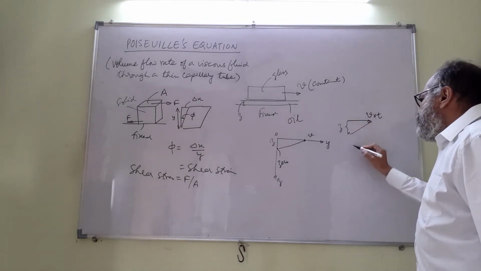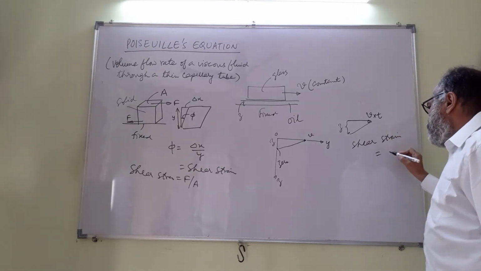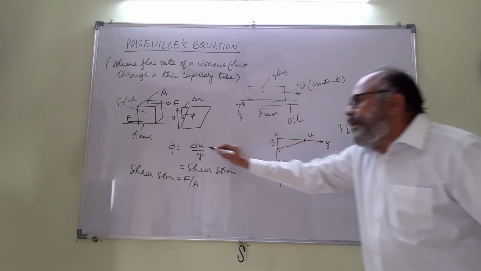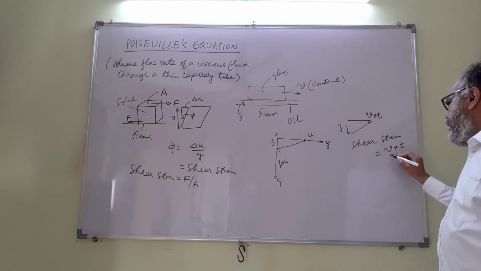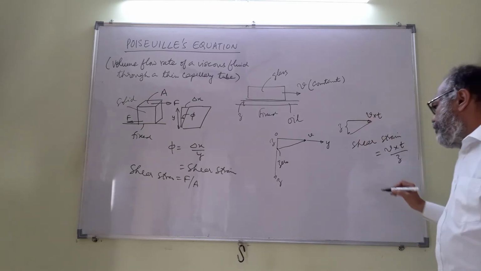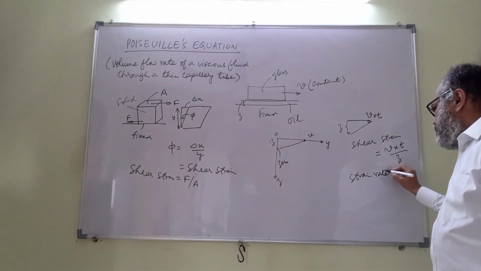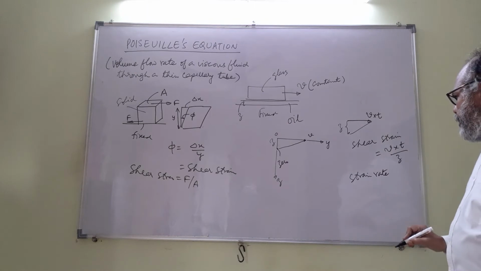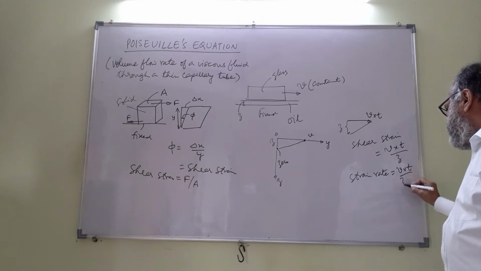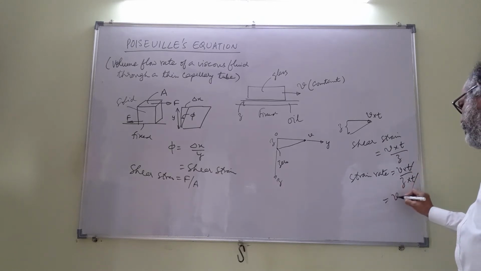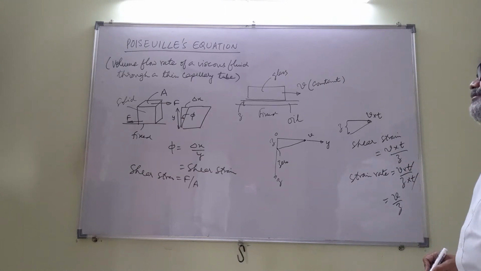So the shear strain, which was delta x by y, is v into t by z. That is the shear strain. The strain rate is the shear per unit time, that is v into t by z by t, the t cancels, so it is v by z.